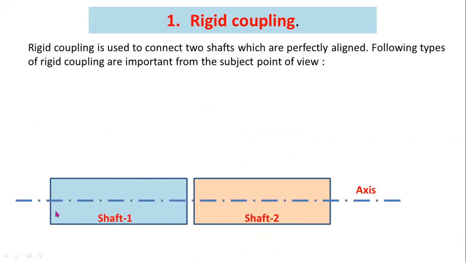This is the axis of the two shafts, shaft 1 and shaft 2. Here we can observe rigid coupling is used to connect two shafts which are perfectly aligned. That means both axes are collinear.